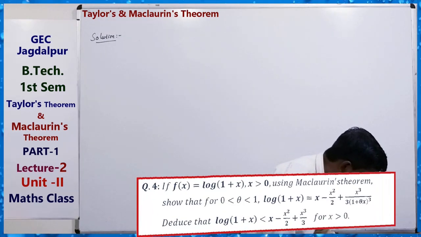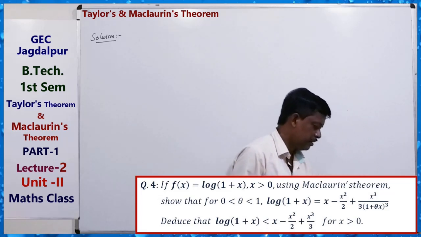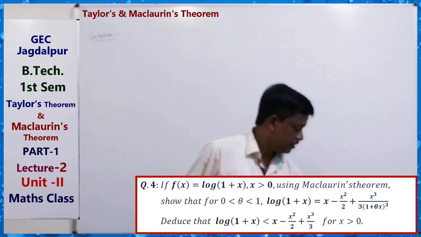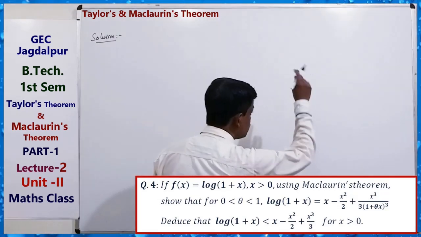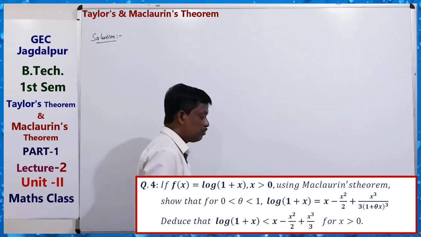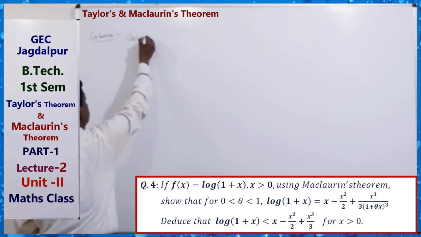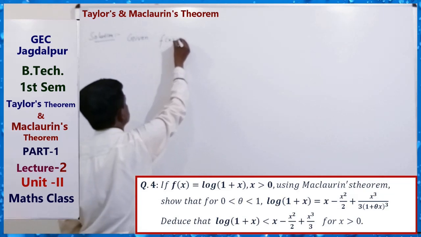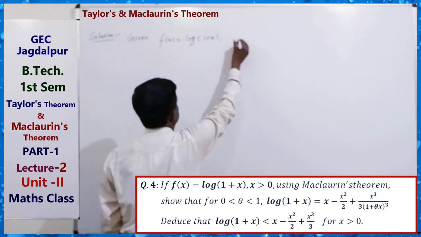Okay, here f(x) equals log(1 plus x) is given and x greater than 0. Using Maclaurin's theorem, show that for theta lies between 0 and 1, log(1 plus x) equals this. So here, given f(x) equals log(1 plus x), x greater than 0.